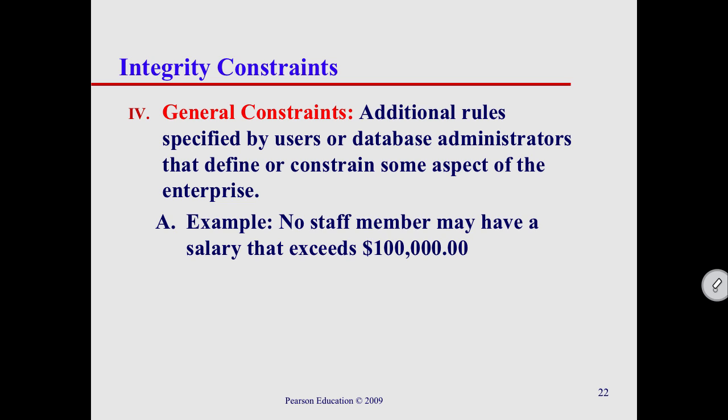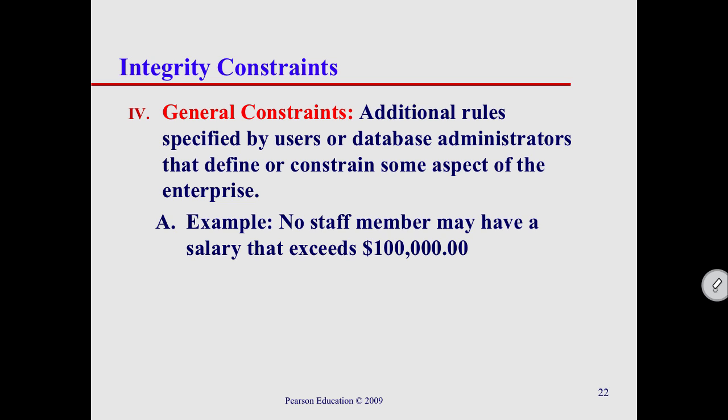Okay, fourth kind of constraint. So far we've seen null, entity, and referential integrity. The fourth is that you can have general constraints or additional rules on your database. Those are generally considered business rules. On my hotel schema, when I said that no room may be doubly booked and that no person may have more than one reservation at the same time, that fell under the category of general constraints.